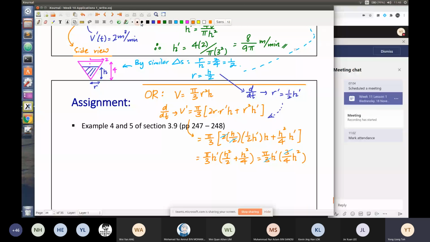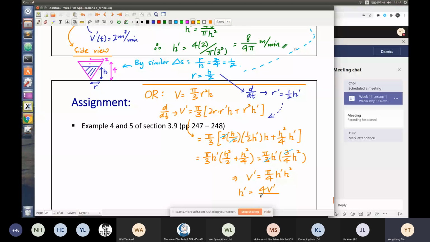So you're going to get pi over 4 h square h prime, or h prime h square. Okay? So in fact, this is our v prime. All right? So you want h prime. So h prime is clearly just 4v prime over pi h square.